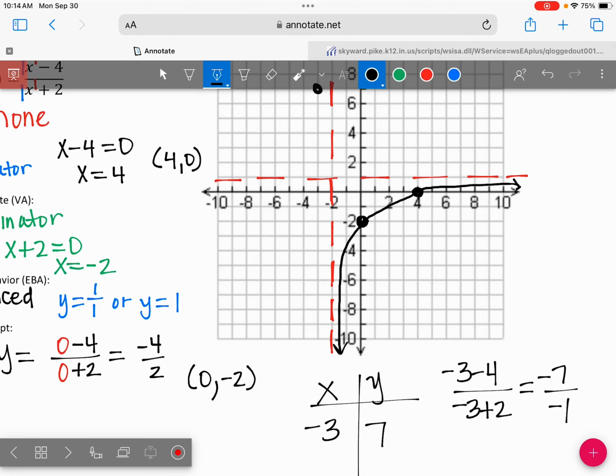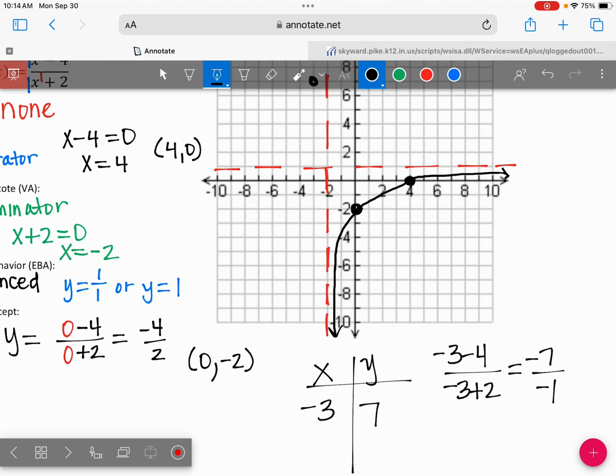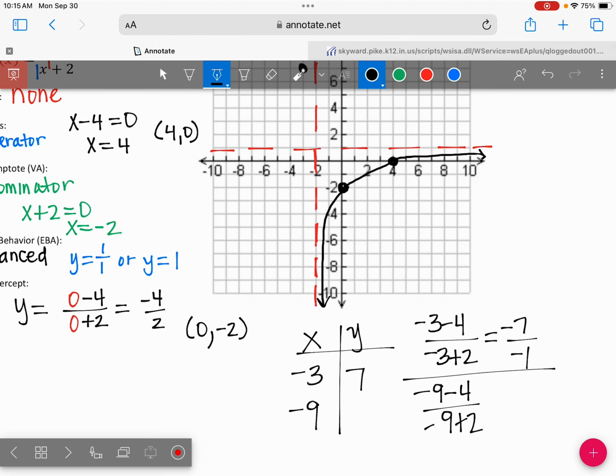And then I'm just going to pick another number. I think I said -9. So let's put that in. When I put in -9, it will be -9 minus 4 over -9 plus 2, which is -13 over -7, which as a decimal is about 1.9, so approximately 1.9.